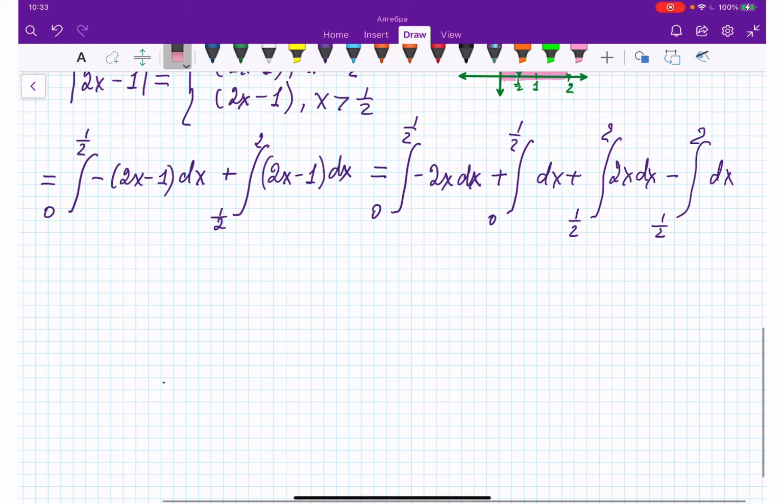Next, this is going to be equal to negative 2 times the integral of x squared over 2, which will be gone, correct?